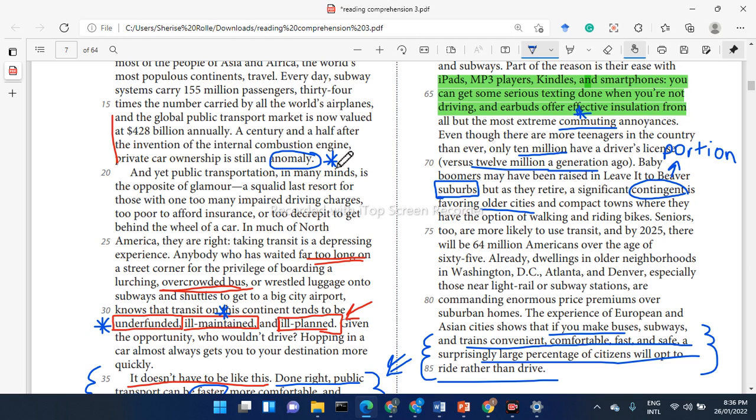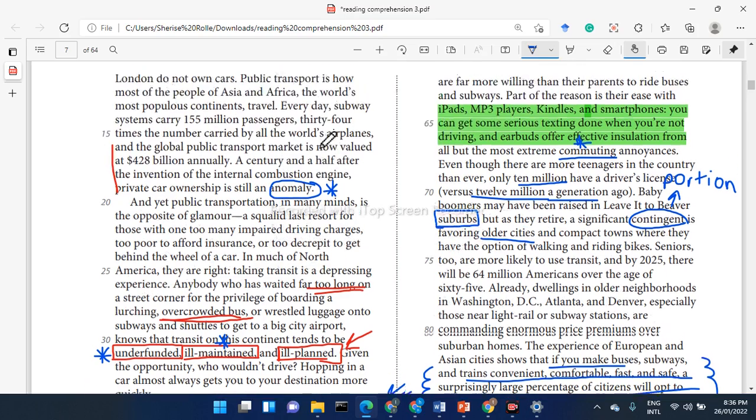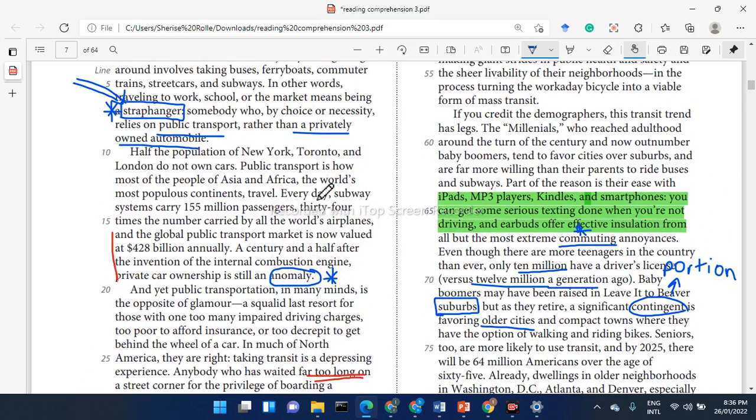So they're saying that even though there are a lot of cars, the number of people who have a car is still low compared to the number of people who don't have a car. Okay.